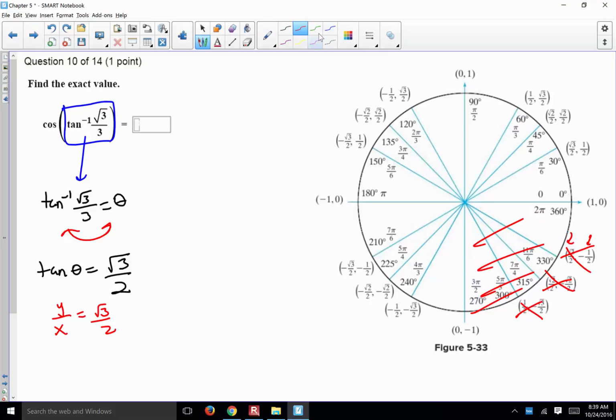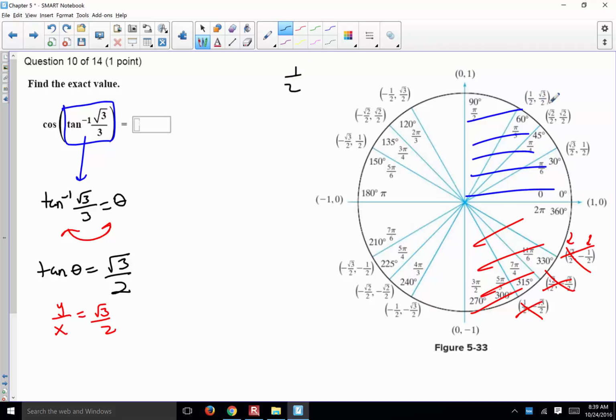Not here, it's here, because these are positives and I'm looking for a positive ratio. So which one gives you root 3 over 2? Anything? Anyone? Well, let's divide 1 over 2 by root 3 over 2.